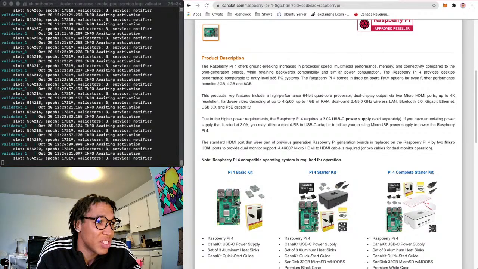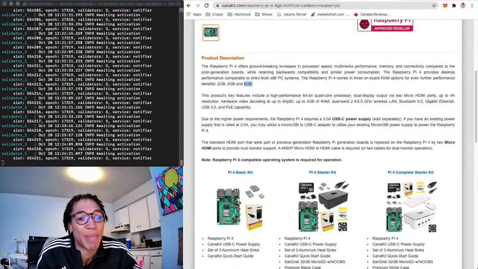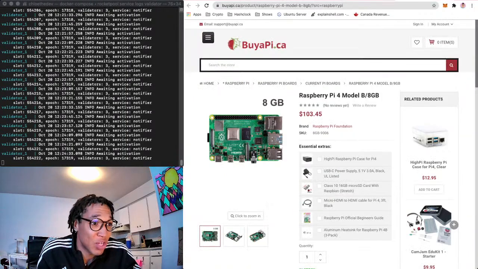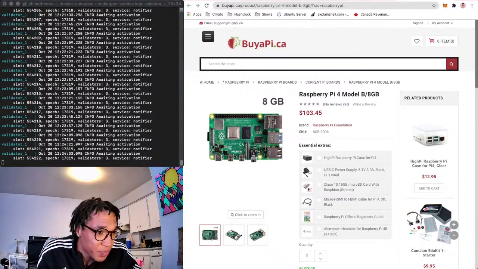Or is that all there is, and does it not keep the state of? Oh, maybe the Raspberry Pis don't actually keep a beacon chain; they're just a validator. That would make more sense if there's not really much storage.